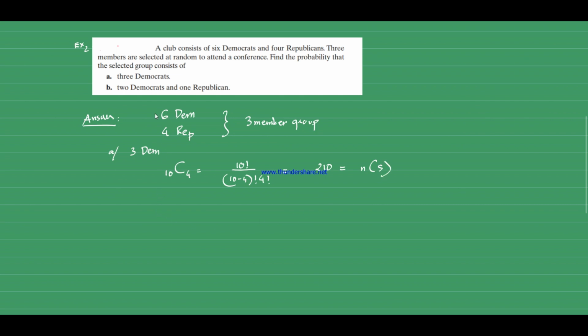Now we want to find all three members being Democrats. So you can do 6-3. Oh, 10-4. 10-3, not 10-4. I don't know why I do this.